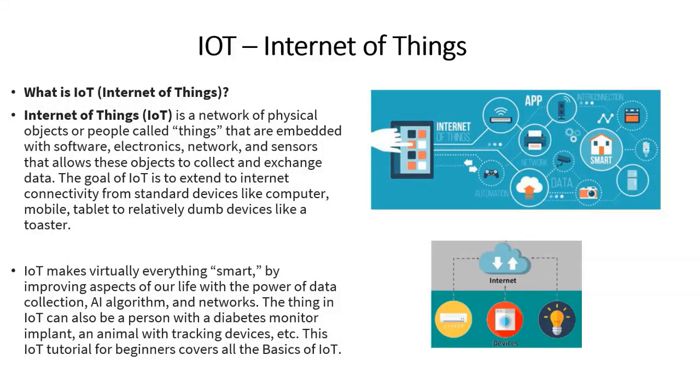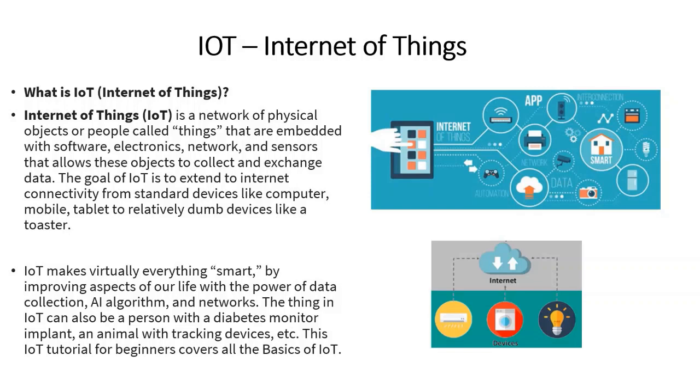IoT. What is IoT? Internet of Things is a network of physical objects or people called things that are embedded with software, electronics, network and sensors that allow these objects to collect and exchange data.